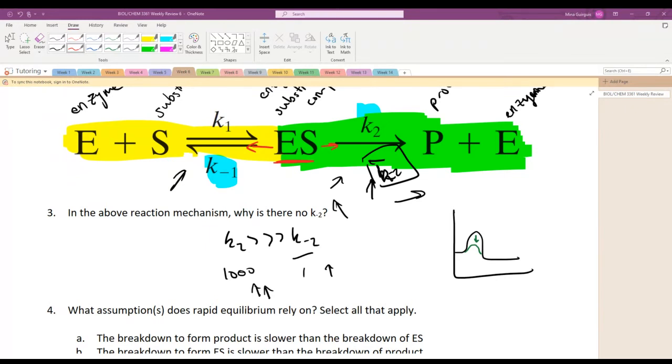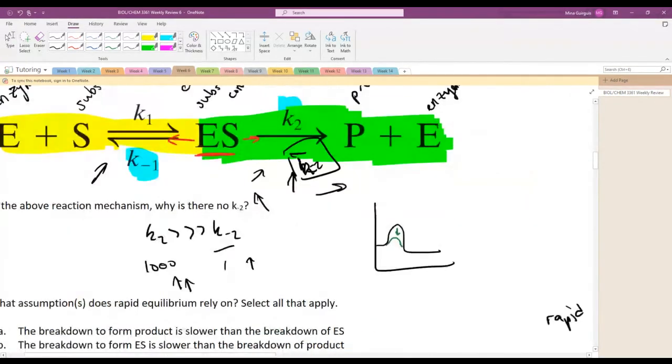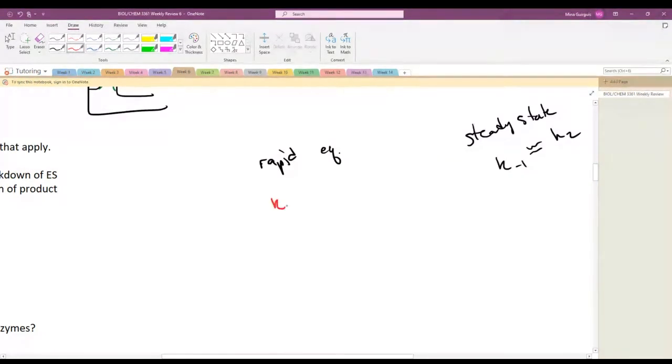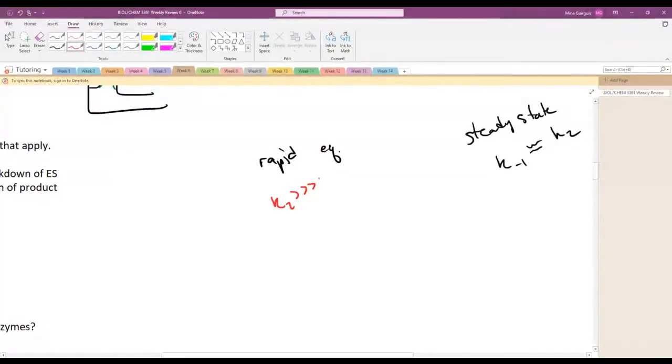Specifically when K2 is greater, you get rapid equilibrium. When K-1 is roughly the same, you get steady state. Okay, so the rapid equilibrium assumption is K2 is significantly greater than K-1.